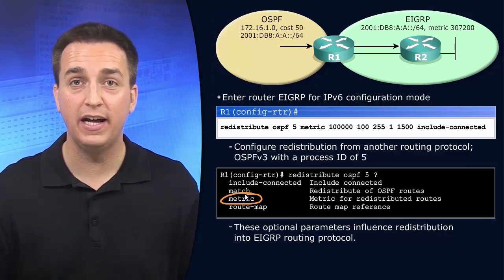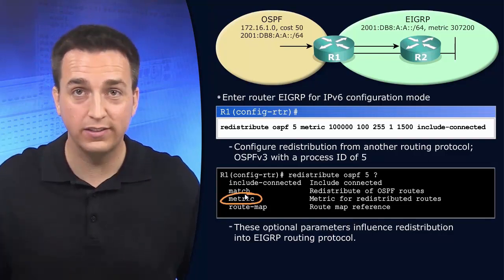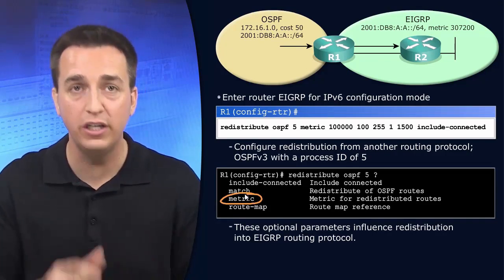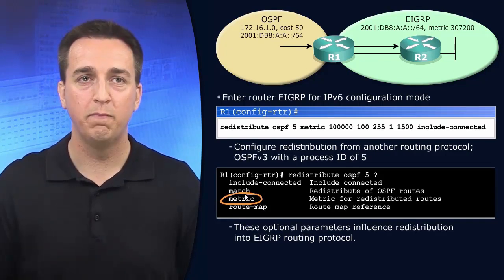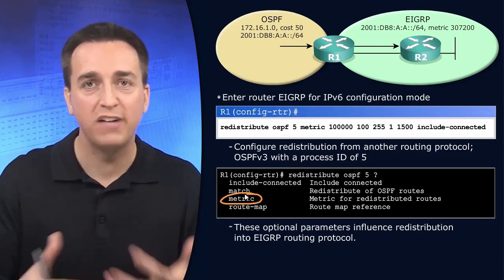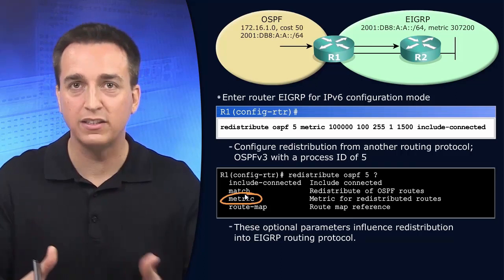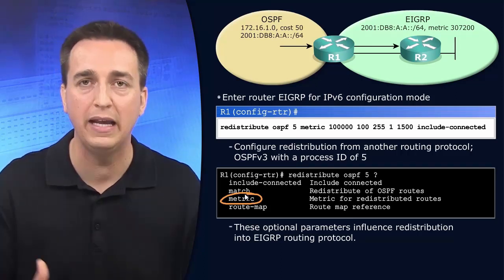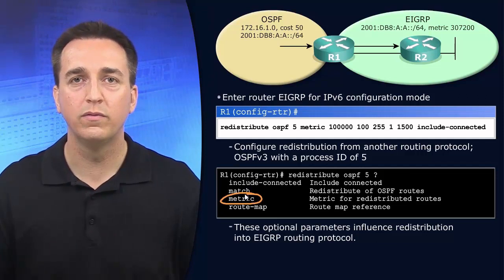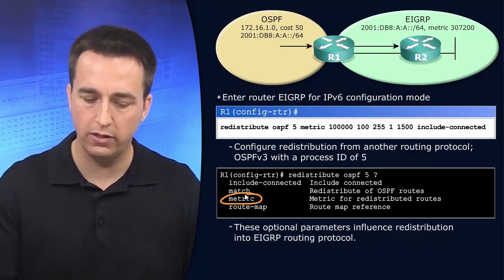And realize the metric's still the same. That hasn't changed. Bandwidth, delay, reliability, load, MTU. That order. Just because we're using IPv6 doesn't mean the metrics change. The interface is still the interface. The bandwidth is still bandwidth. So nothing new to learn there. From IPv4, we understand that concept.